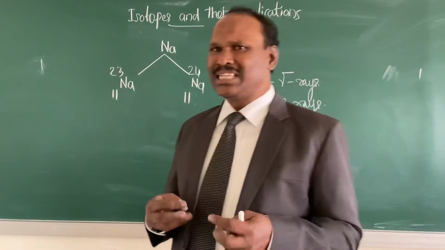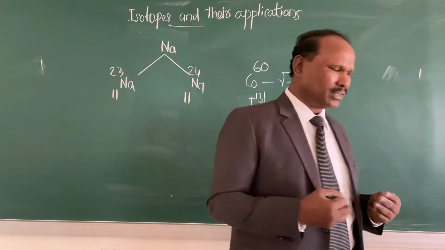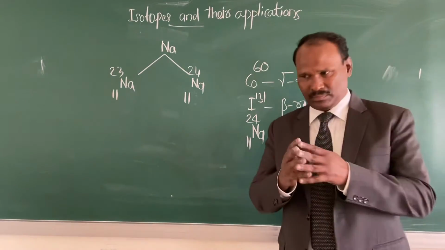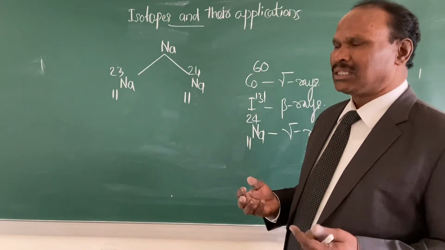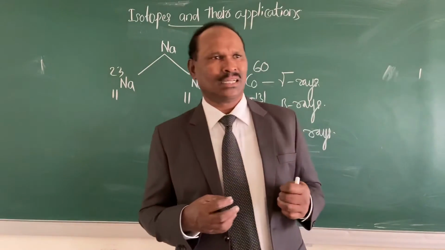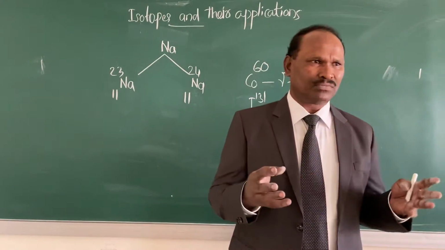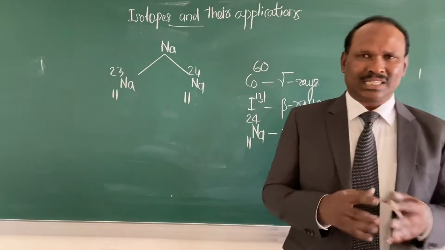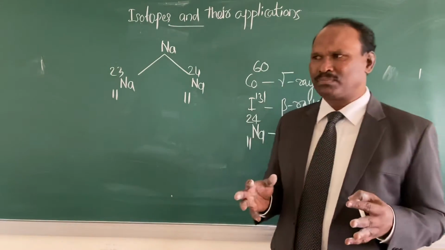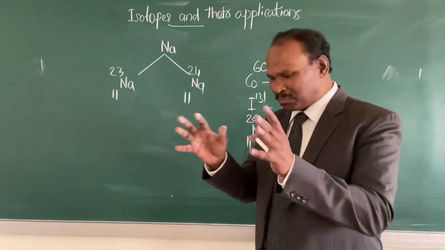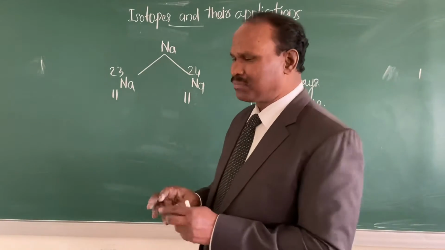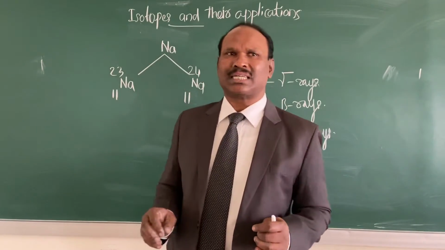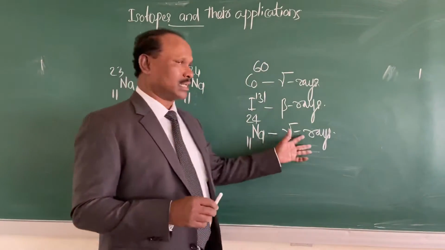See, whenever there is an injury in our body which is not seen outside, a doctor will inject sodium-24 in the form of NaCl. This sodium-24 isotope goes to that part of the internal wound, or if there is any blood clot there, it goes to that part and emits gamma rays.